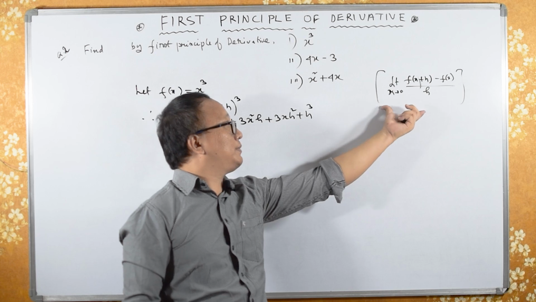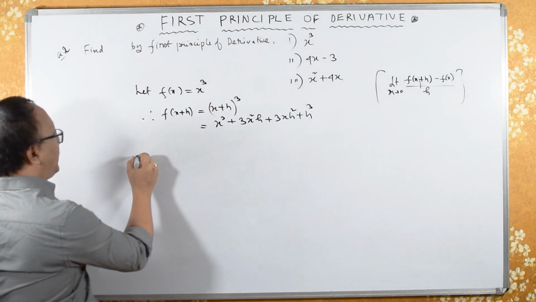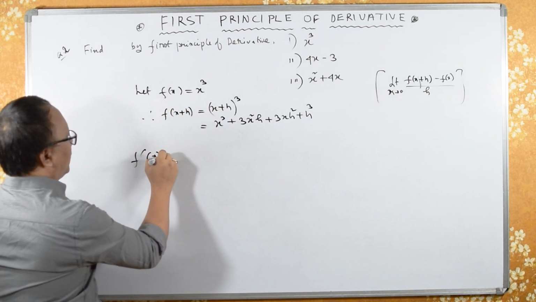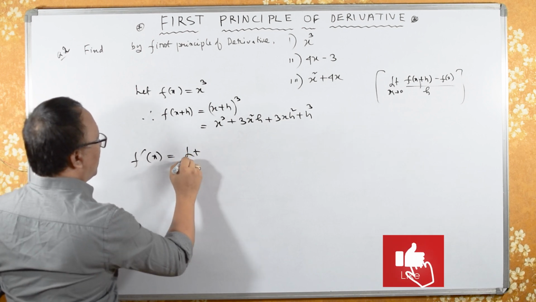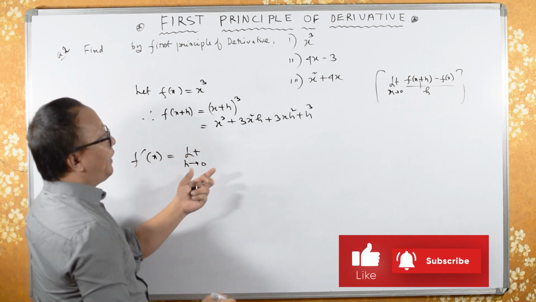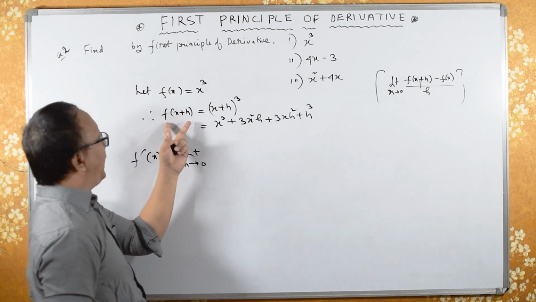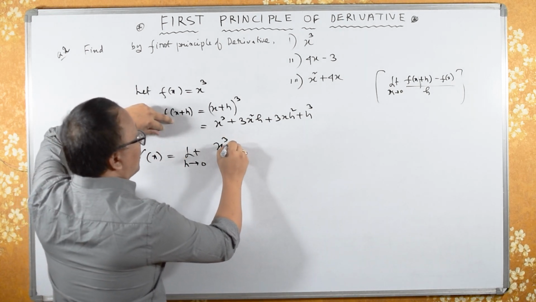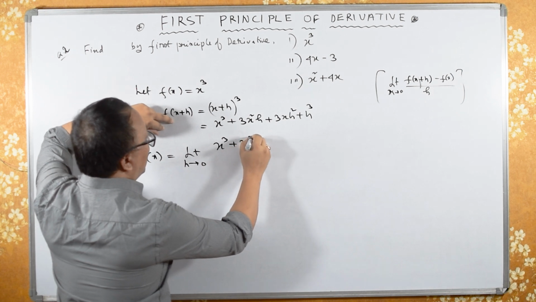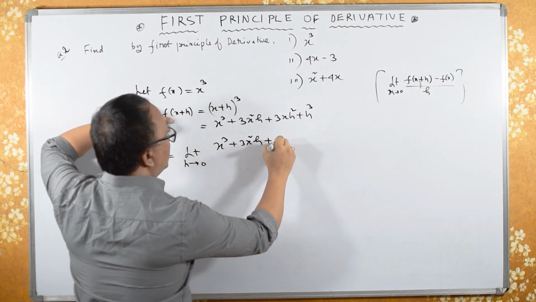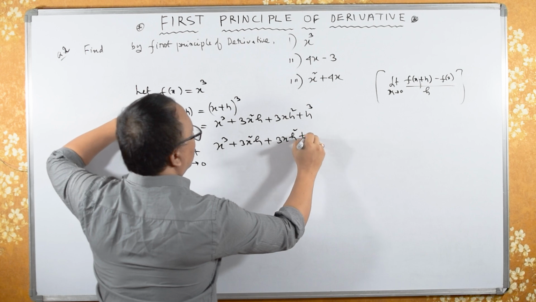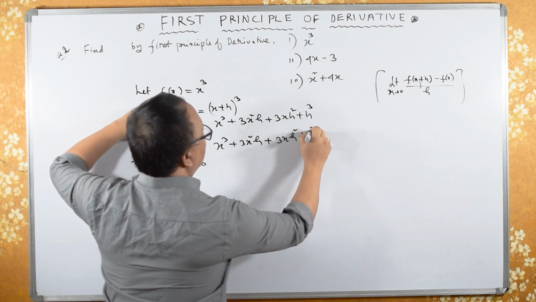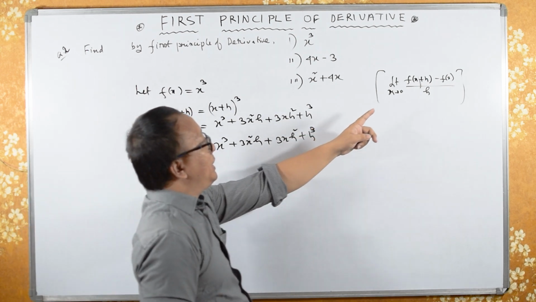By substituting over here, you'll get f dash x equals limit of h tends to 0 of f of x plus h. Here I have f of x plus h, which is x cube plus 3x square h plus 3x h square plus h cube, minus f of x.